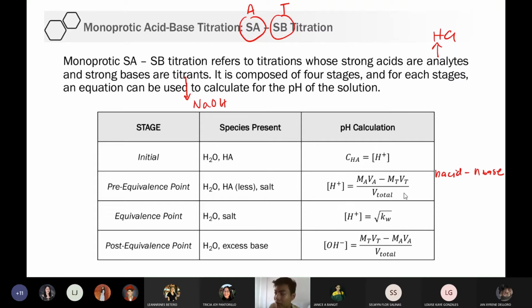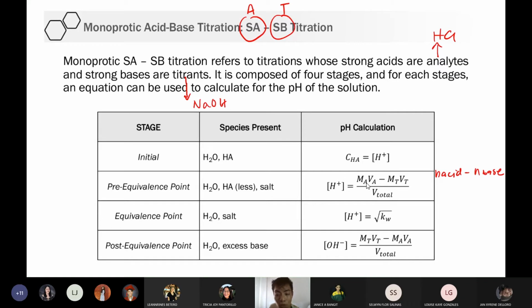Okay? Okay. So, in equation, that is MAVA minus MTVT. Bakit naging ganun, sir? Ganito kasi. Remember, ang ating analyte ay acid. Kaya, to solve for the moles of analyte, that is MAVA. Diba? Again, ang acid ay analyte. Kaya, MA times VA yung gagamitin natin.